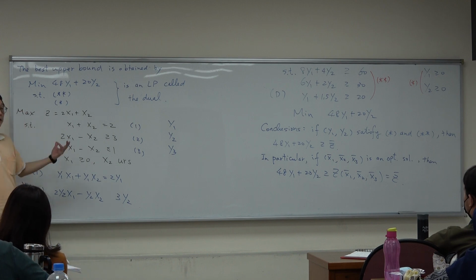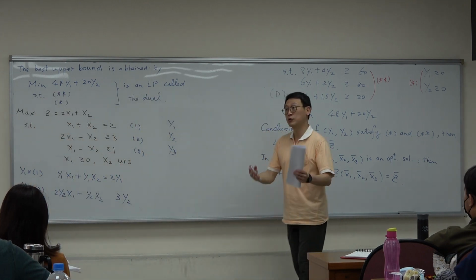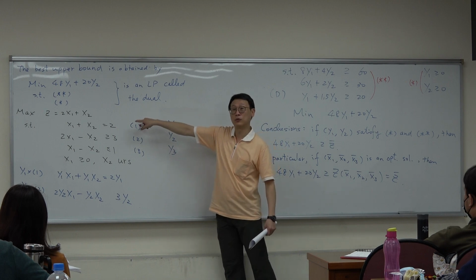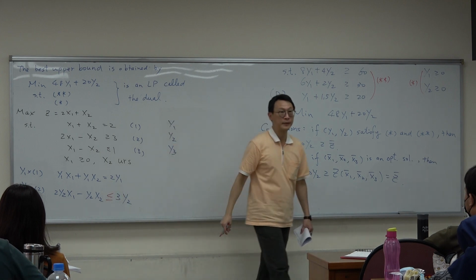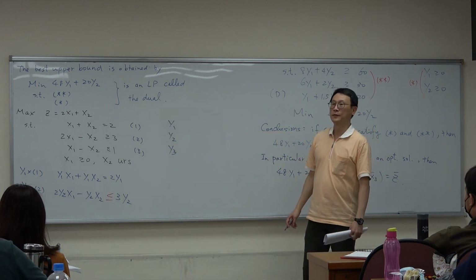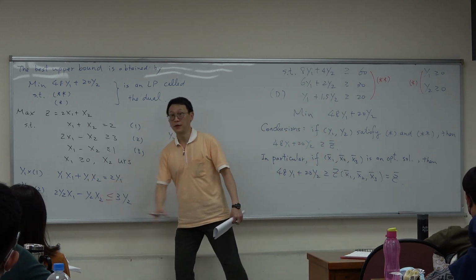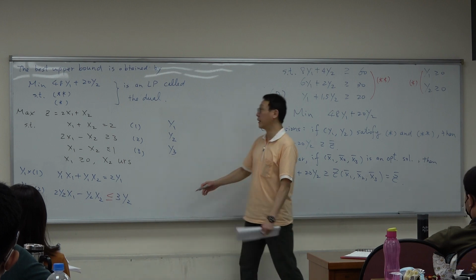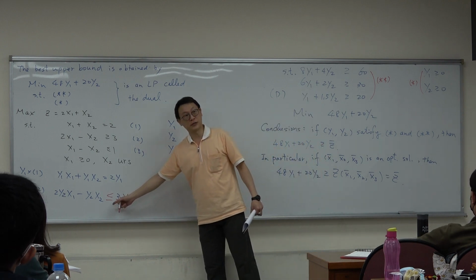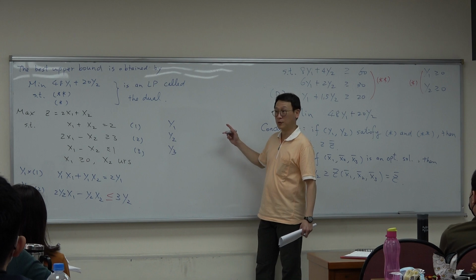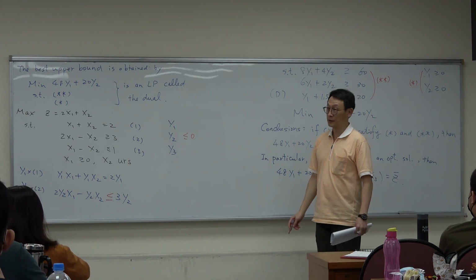But like the previous discussion, we want to construct the upper bound, right? So we need the right hand side to be greater than the left hand side. In this way, we can construct the upper bound. So if I want this result, y2 should be negative, right?